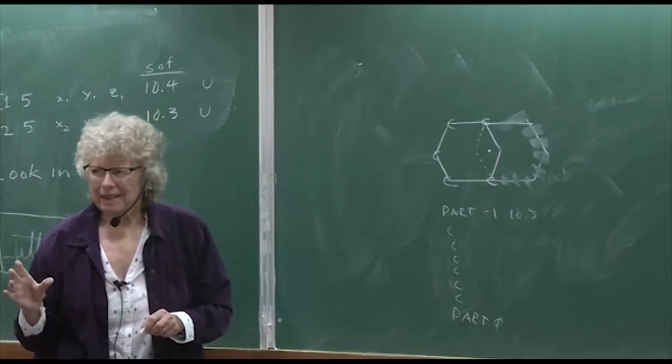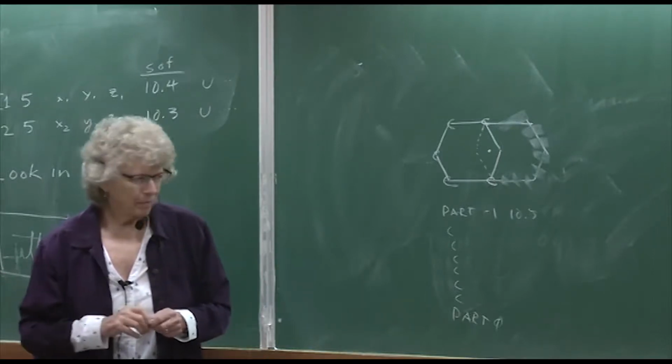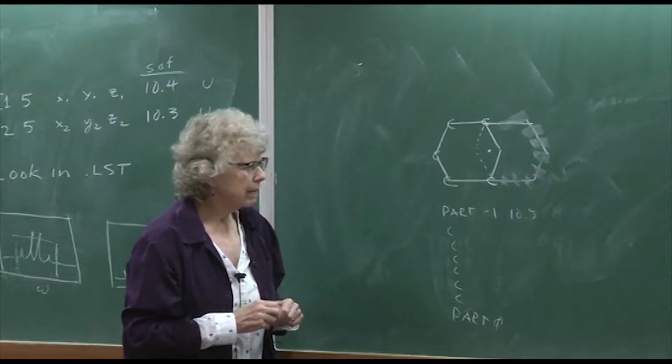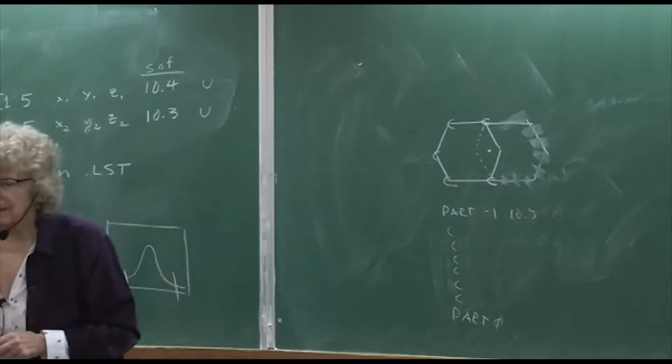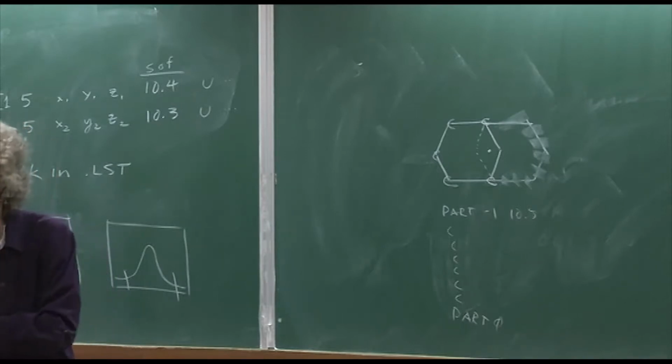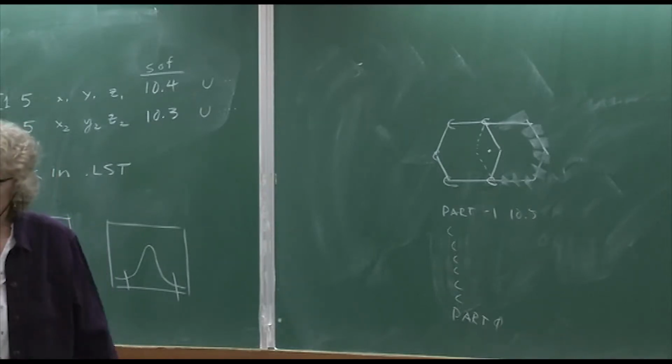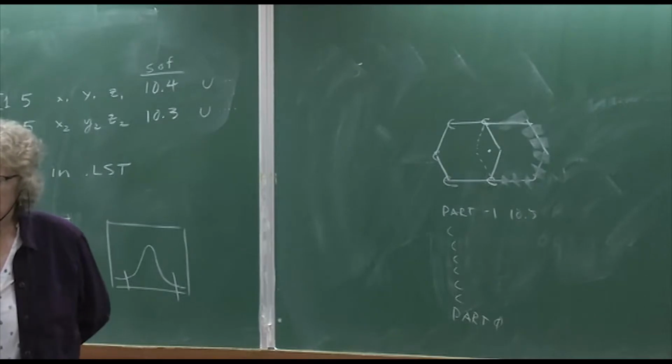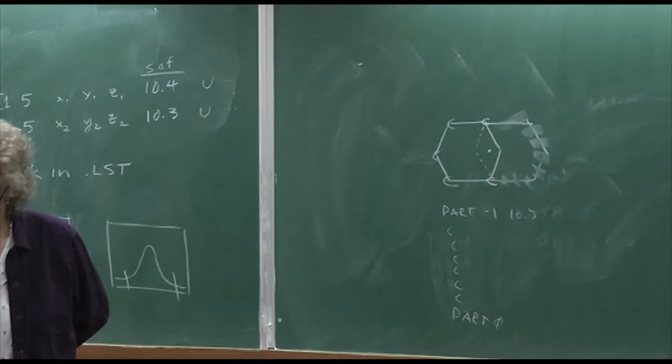What are the things we actually look at in the LST file? For the LST file, I was just saying, look at the second set of atom positions together with their occupancies. For each type of atom, add up the occupancies, multiply by the number of general positions to see how many are there in the unit cell.